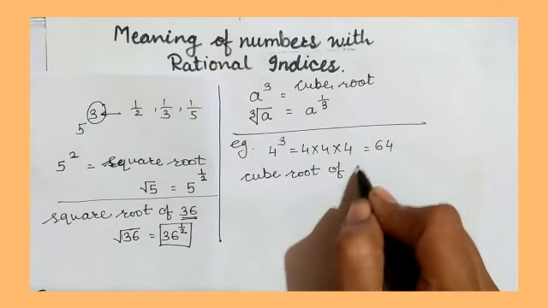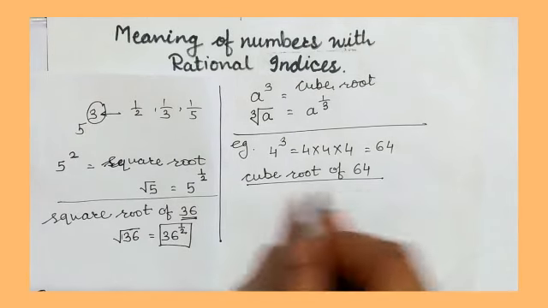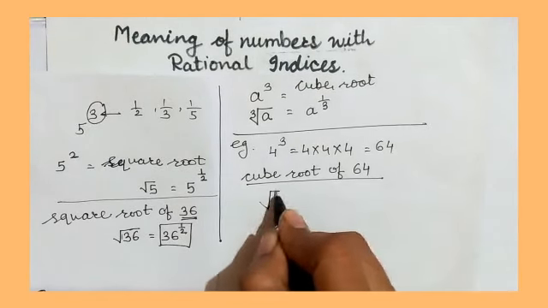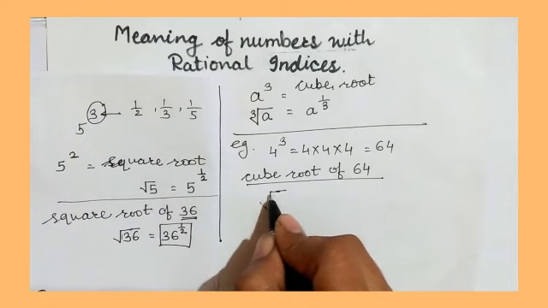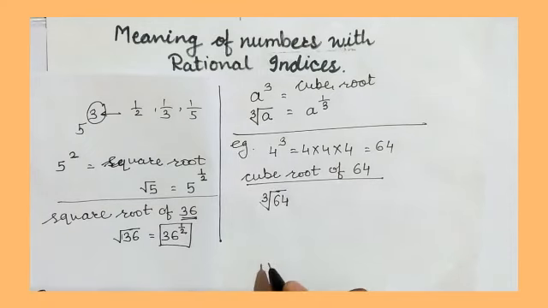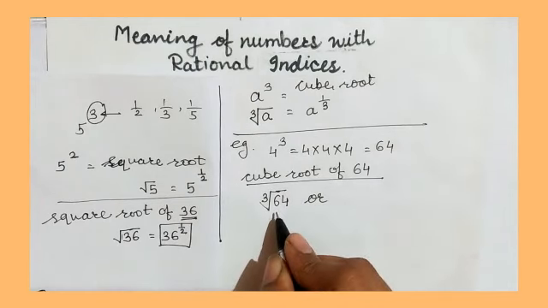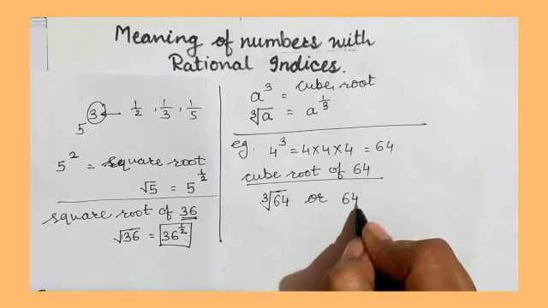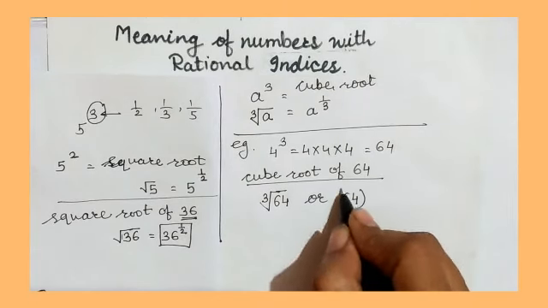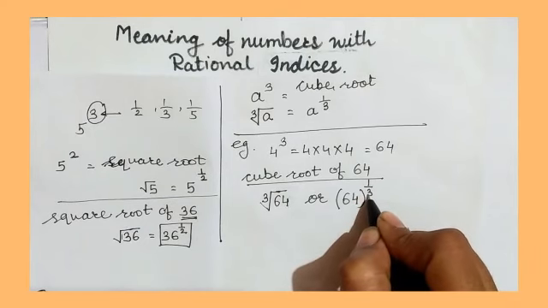So if you want to write the cube root of 64, how will you write it? At first, we will put the symbol of root, put the 3 here and the 64 here. Or we can also write 64 at the base place, put the bracket here and raise it to 1 upon 3.